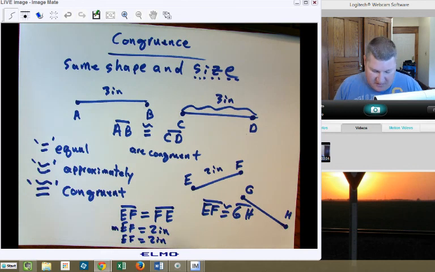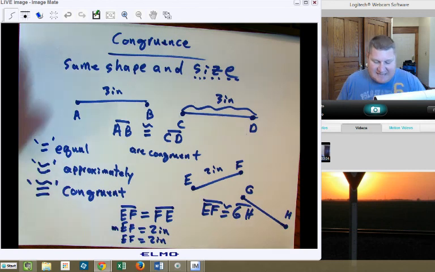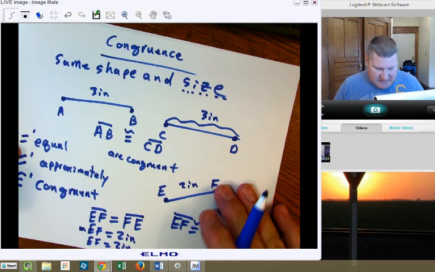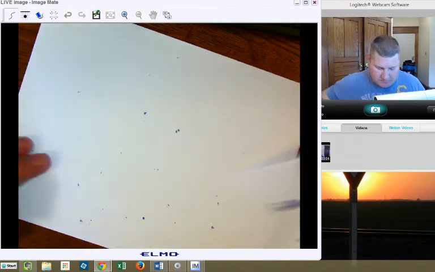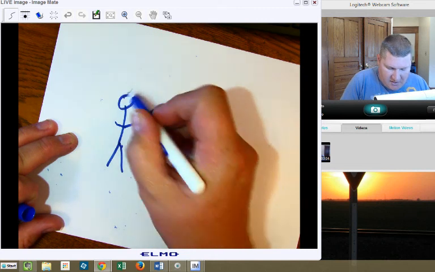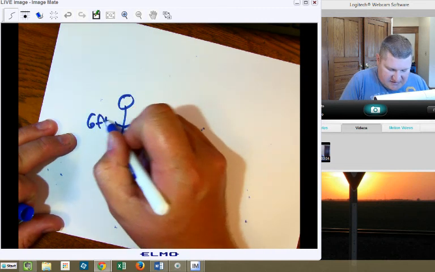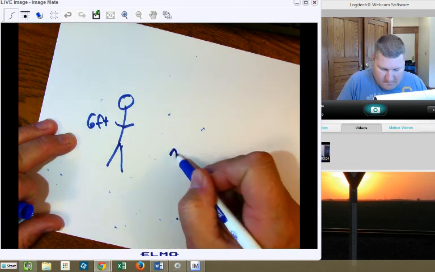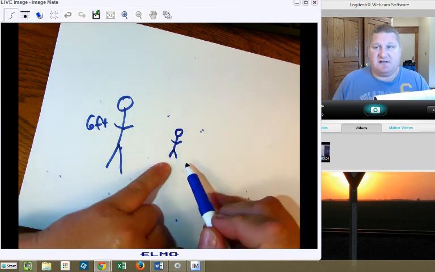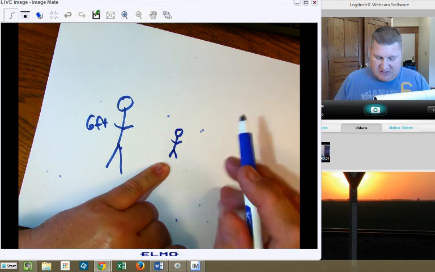The only other thing that we need to take a look at when we're talking about measurements is that just because something looks like it should be congruent does not make it congruent. In fact, if I were to draw a picture of a stick figure and call this guy 6 feet tall, is this fella here also 6 feet tall?